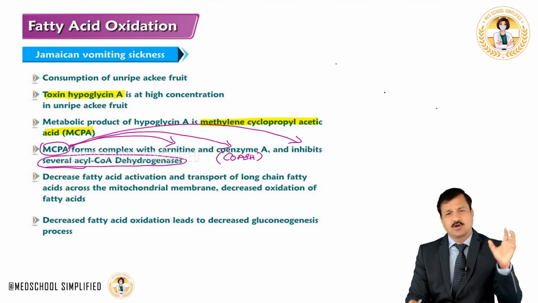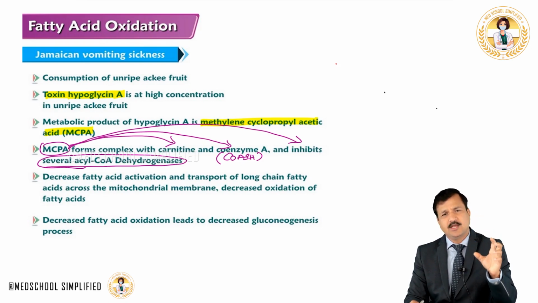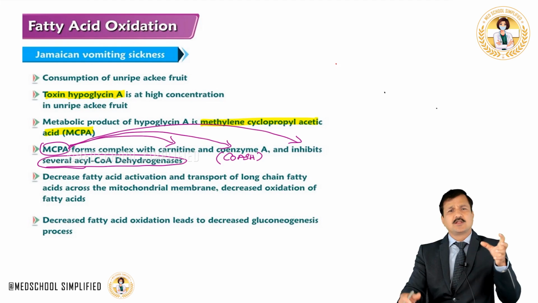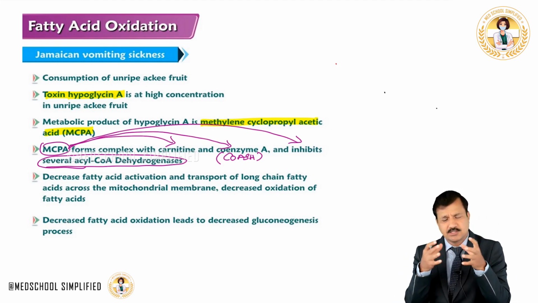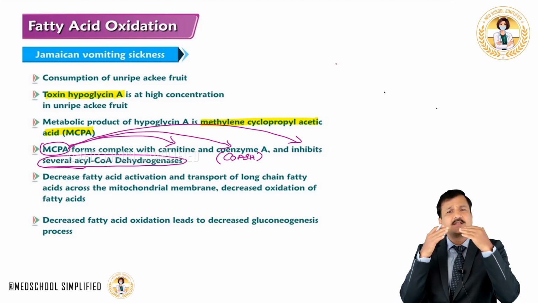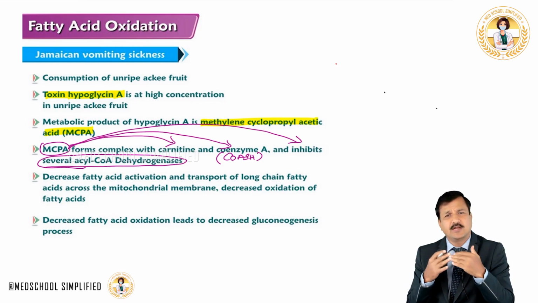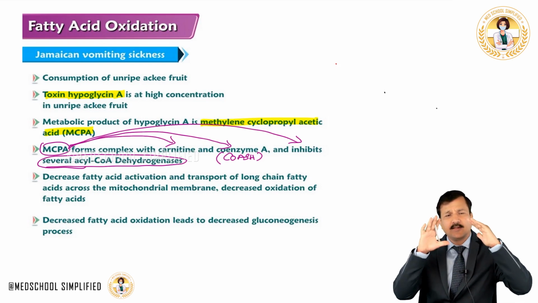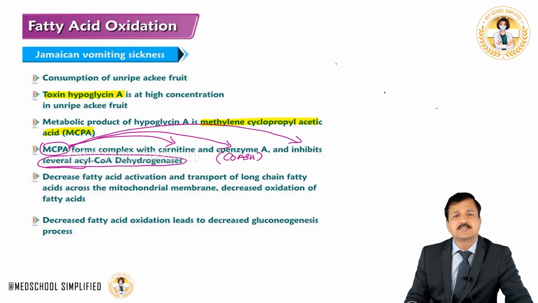It can be short chain, medium chain, or long chain acyl-CoA dehydrogenase. It makes a complex, meaning it inhibits those enzymes, and these acyl-CoA dehydrogenases catalyze the very first reaction in the beta oxidation spiral. So thereby beta oxidation of fatty acids is totally decreased.